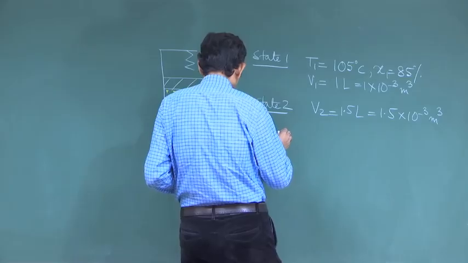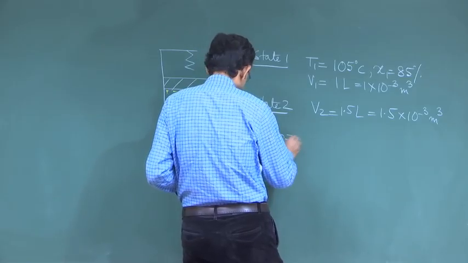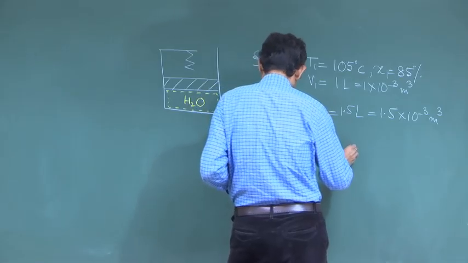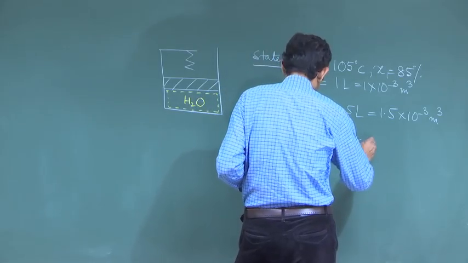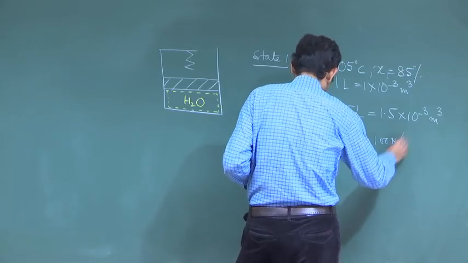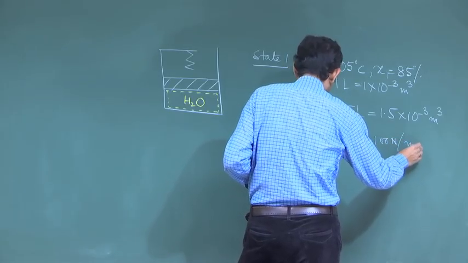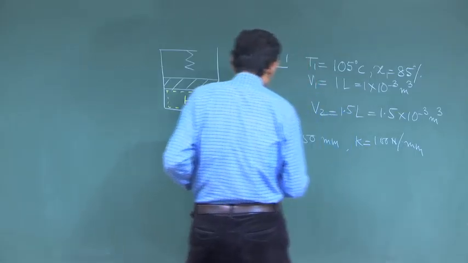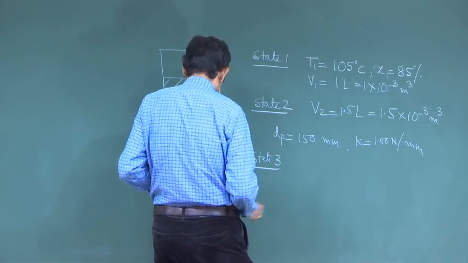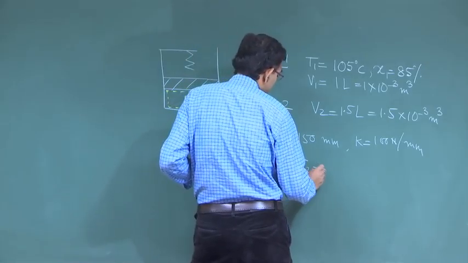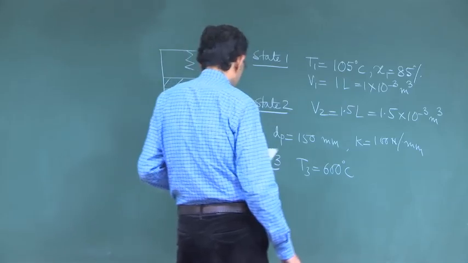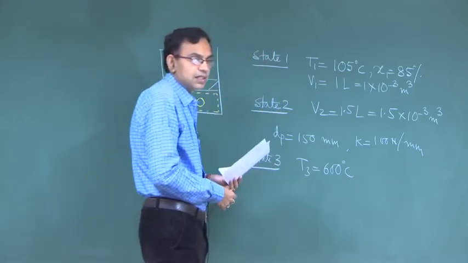Then the other data are diameter of the piston is equal to 150 millimeter, spring constant is 100 Newton per millimeter, and state 3, T3 is equal to 600 degree centigrade. What is the corresponding pressure at state 3?